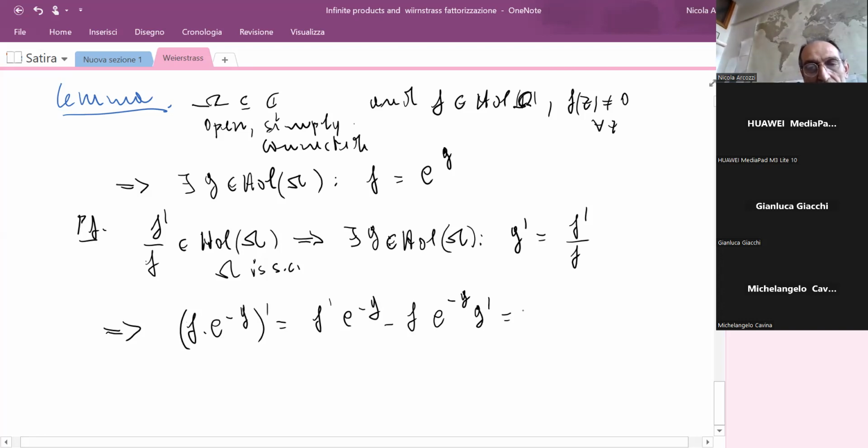So that's f e to the minus g times f prime over f minus g prime, which is 0.